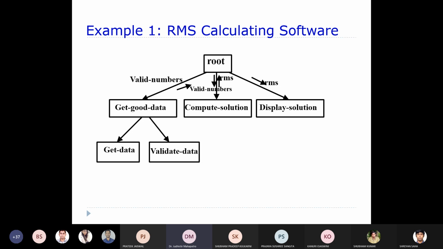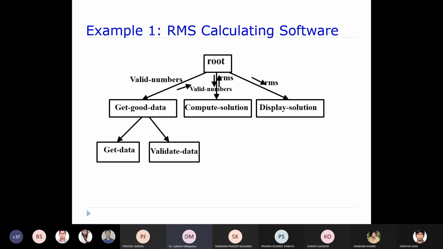The validate data processing will handle this, simply validate it, and the validated numbers will be given to the root module. Now the root module, because it is a valid number, will send that valid number data again to the compute solution, that means the compute RMS module.